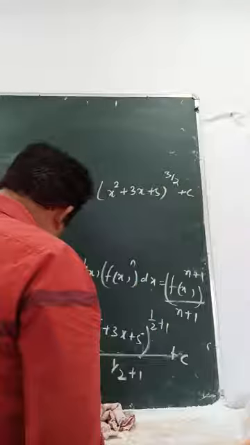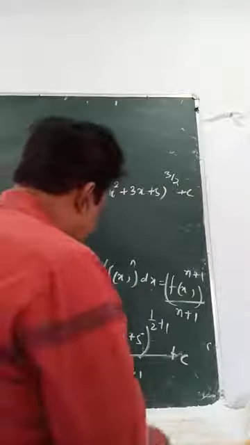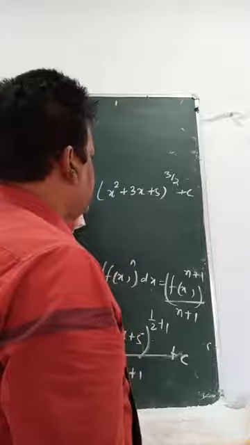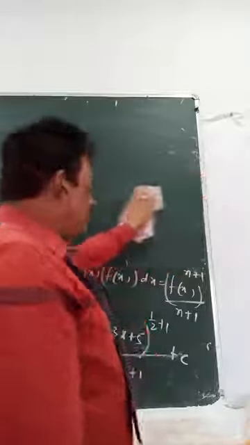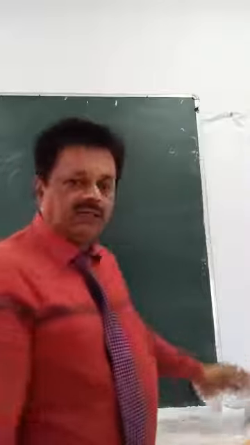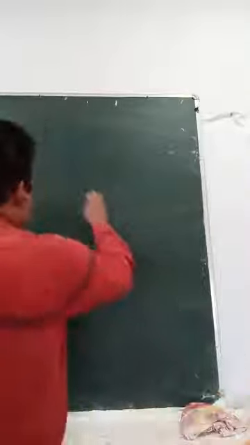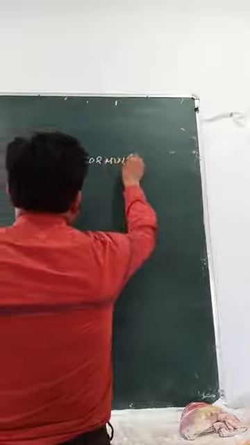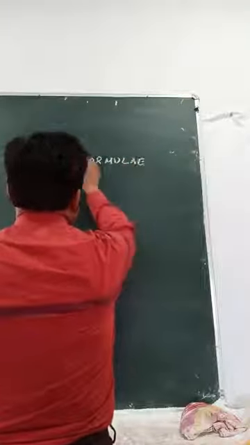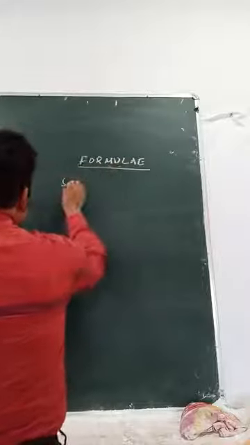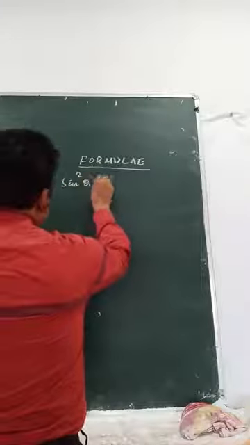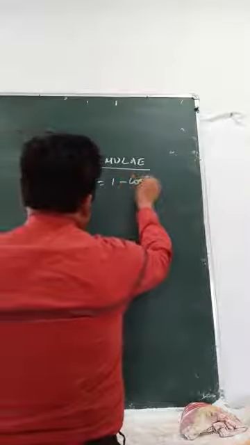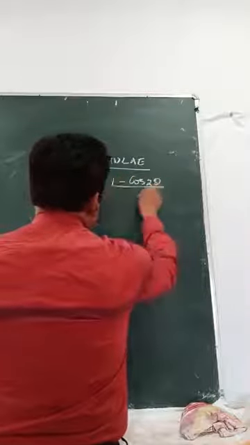So today we are going to study the exercise 7.3. So 7.3, what are the different formulas required for that? First we will write down the formulas. Sin square theta is 1 minus cos 2 theta by 2.